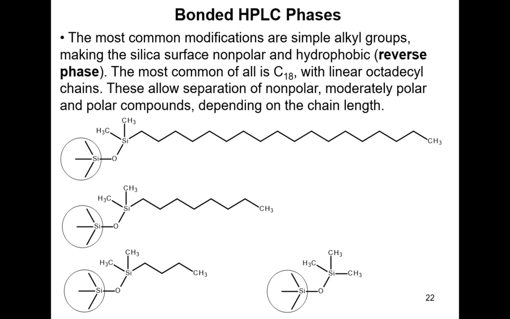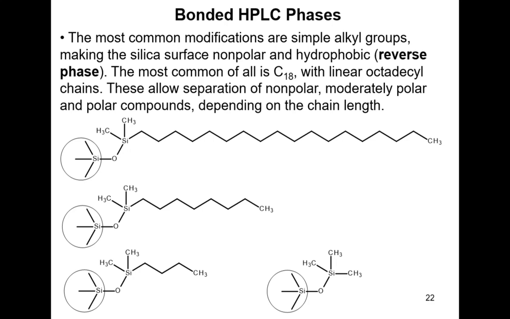So I've talked about just using hydrocarbon chains as the modification, and that's by far the most common type of modification in bonded phase HPLC. And the most common of all is the 18 carbon chain, the octadecyl group. But also quite common is having 8 carbons.